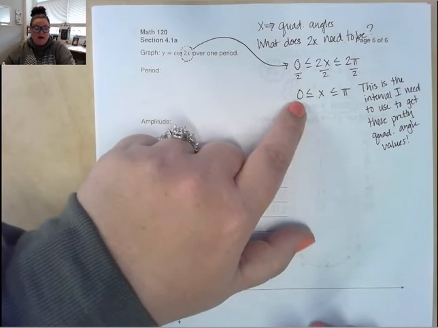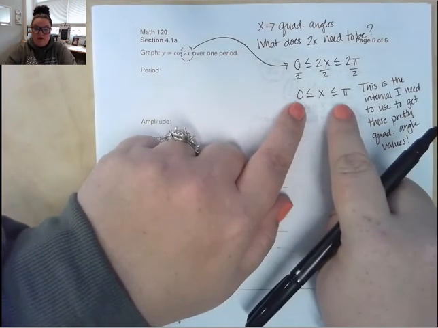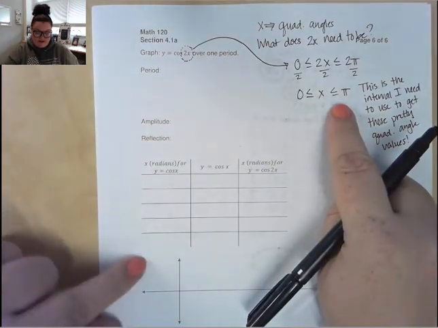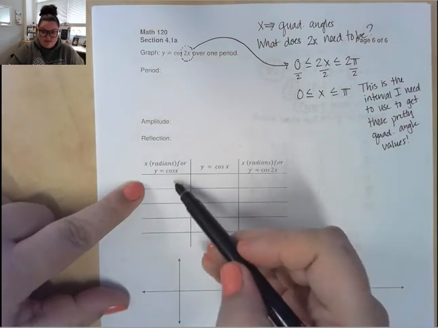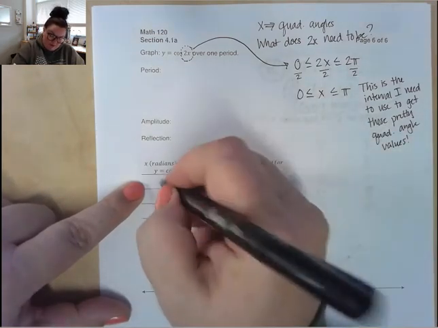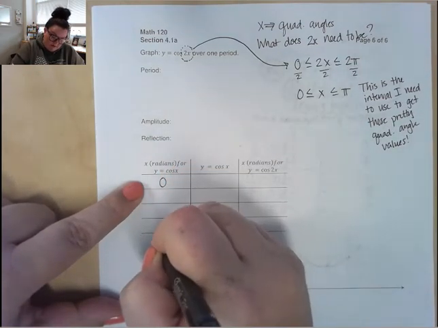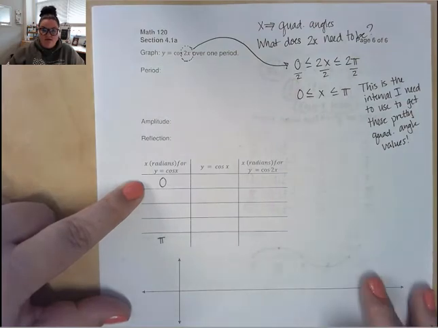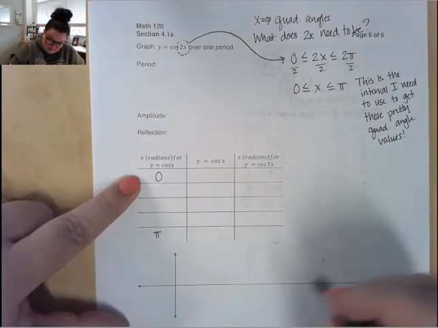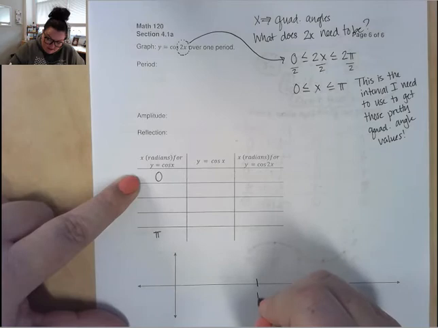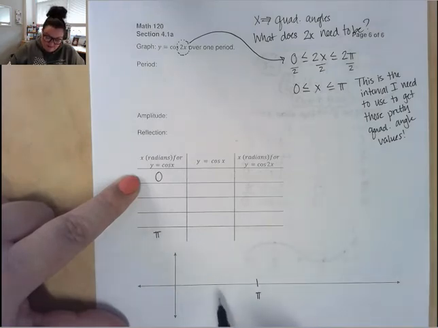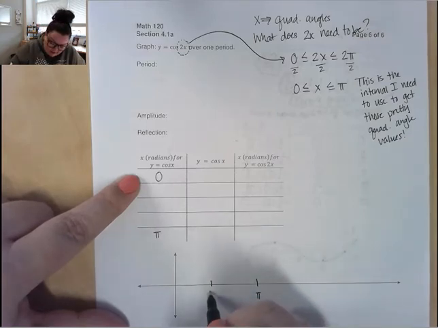Okay, so before I go any further, I'm going to put those down here. So instead of going from 0 to 2 pi, I want to go from 0 to pi, right? So let's think about that. If I'm going to come out here to pi, what's halfway between 0 and pi? Well, halfway between 0 and pi would be pi over 2.